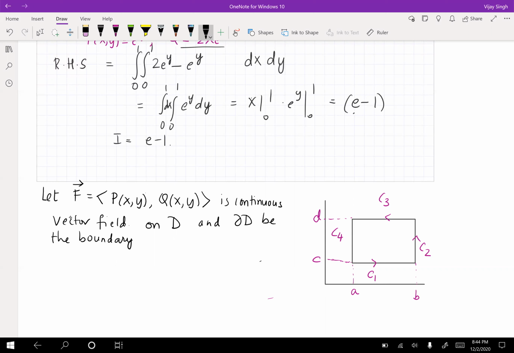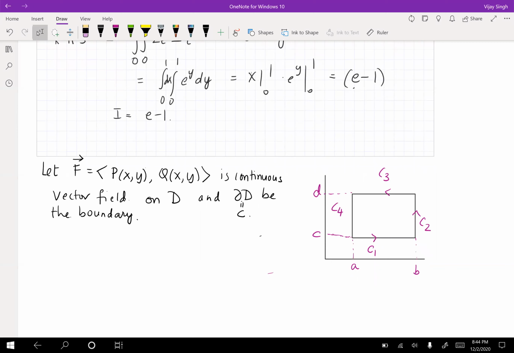So ∂D is the boundary, which is our curve, the same as C for us. Now we want to prove Green's theorem for this.